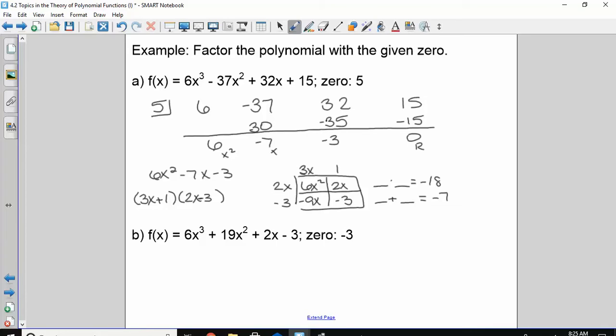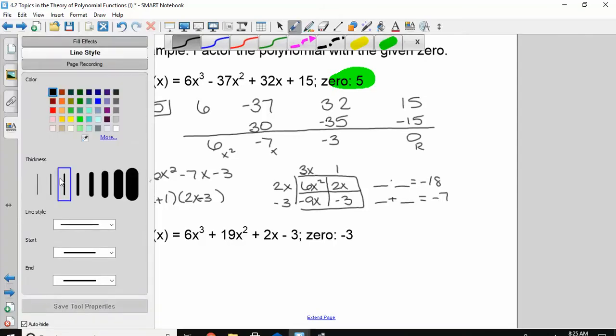My original was a cube. That tells me I really should have 3 parentheses. I have 2. What is my third parenthesis going to be? Yes. Why? Yeah, I gave you the first 0. I said that 5 was a 0, so you have to include that in your factored form.